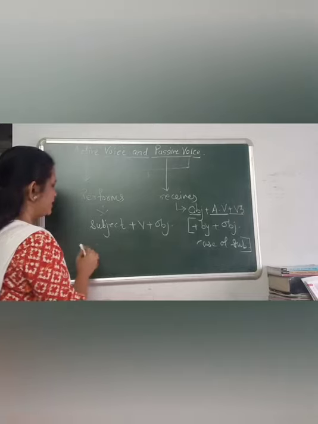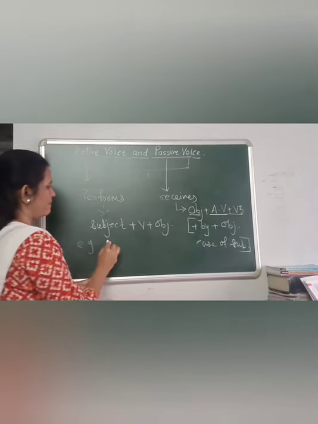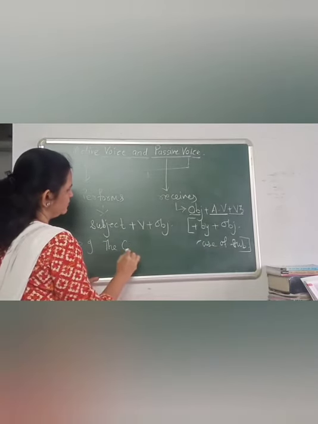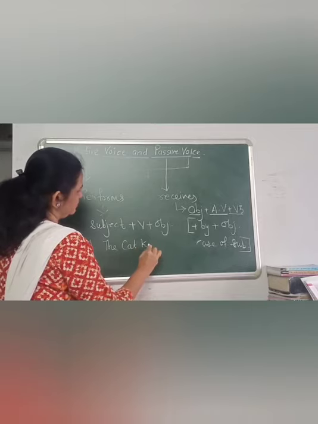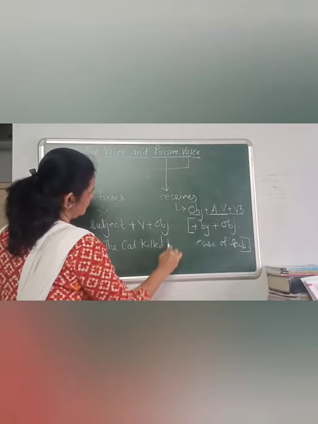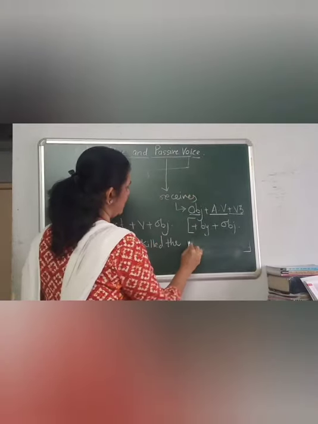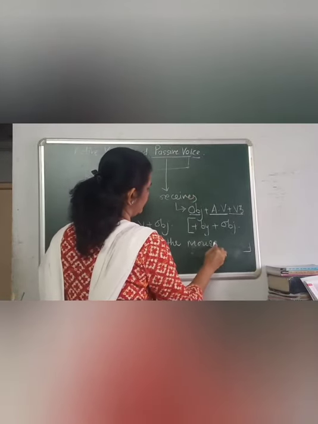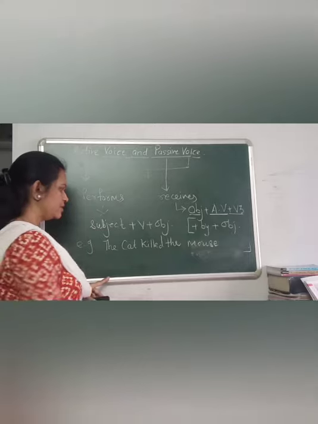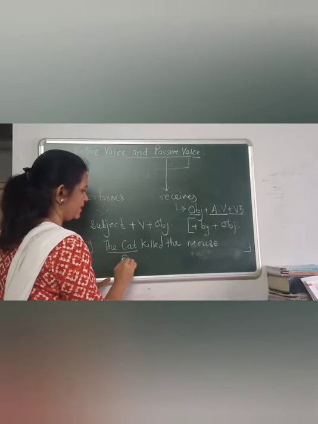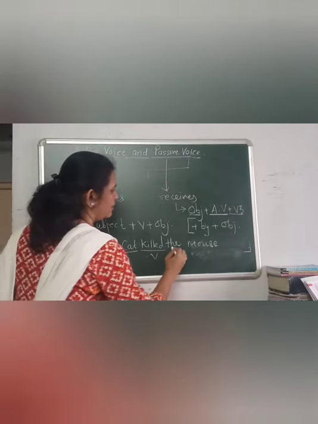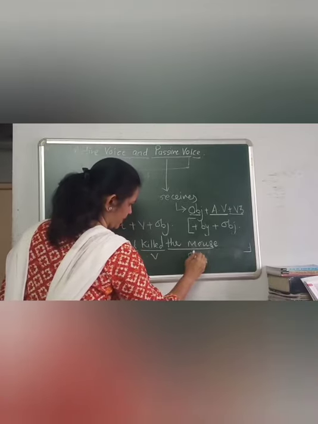Here suppose an example is there, and what is that example? The cat killed the mouse. This is our sentence. The cat killed the mouse. You see, the cat is the subject, killed is the verb, and the mouse is the object.